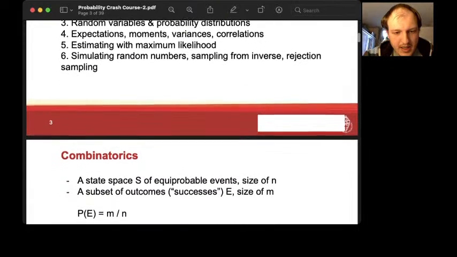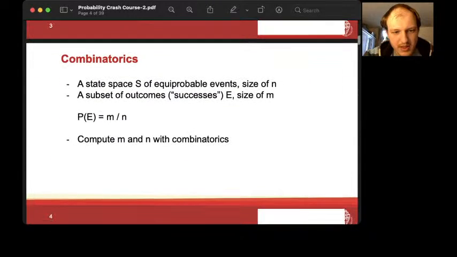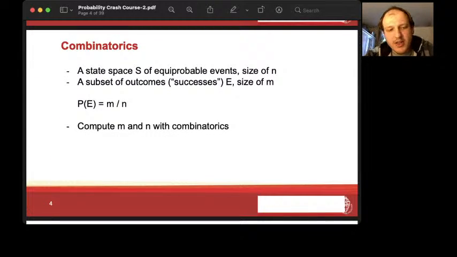Okay, so the first part is we start from lecture 1 with more or less the definition of probability. So you have the state of all possible events, and then you care about something that you would call beneficial outcomes or successes or something like that.